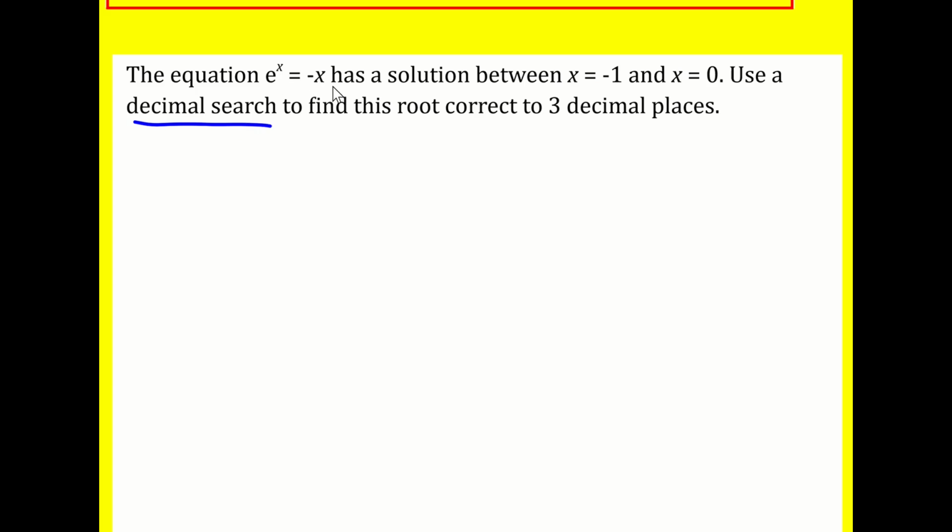It has a solution between x equals minus 1 and x equals 0. Use a decimal search to find this root correct to 3 decimal places. I probably shouldn't have used the word root here, because technically I'm finding the root of this equation. So I might let f of x equal e to the x plus x.